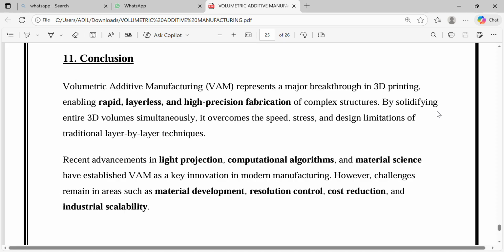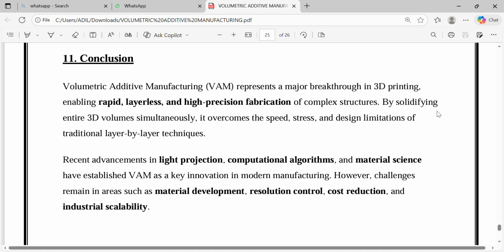Volumetric additive manufacturing represents a major breakthrough in 3D printing, enabling rapid, layerless, and high precision fabrication of complex structures. By solidifying a 3D volume simultaneously, it overcomes the speed, stress, and design limitations of traditional layer by layer techniques.